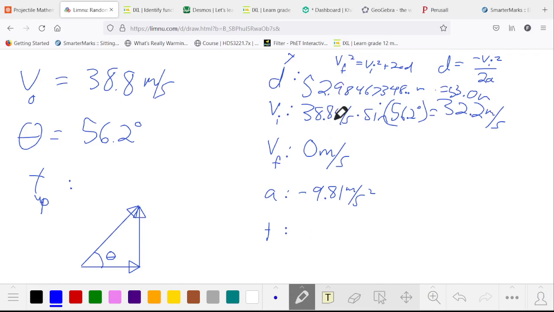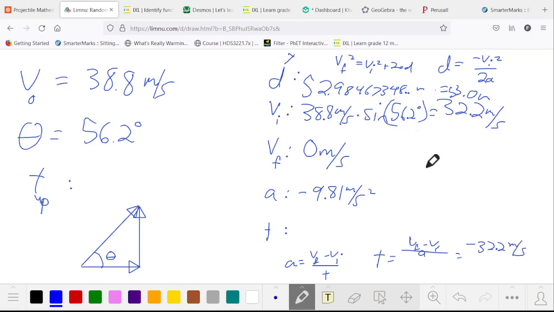So there is our distance, and for our time, you can say that A is Vf minus Vi over t. So then our time is Vf minus Vi over A, which is a negative 32.2 meters per second.